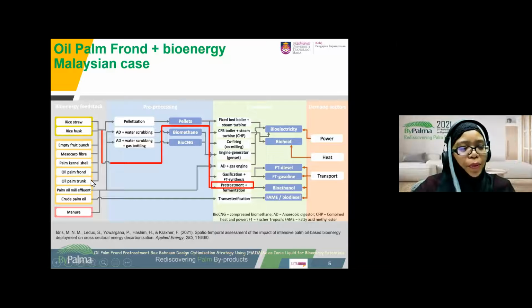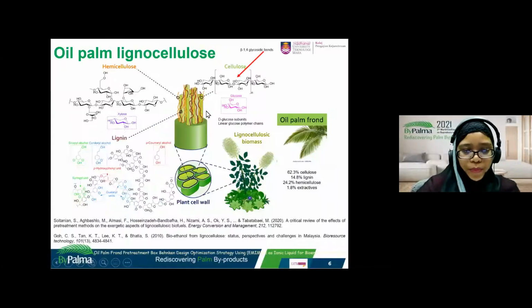And again, we would see the various types of oil palm plantation waste, which are highly potential, other than the rice straw or rice husk, and manure. Interestingly, those lignocellulosic biomass could be directly pretreated to produce bioethanol. I would elaborate on that later on, other than the pre-processing techniques that we have to undergo.